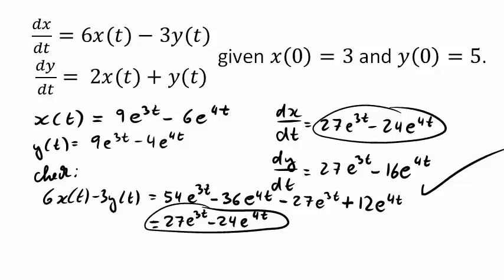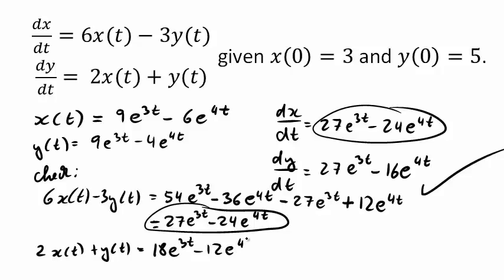Perfect. Let's check the other equation as well. It is unlikely that this has gone wrong, but let's check it in any case. So what I need is 2x of t plus y of t, the right-hand side of the second equation, and that needs to be the same as the dy dt we've calculated here. So 2 times x of t was this here, is 18 e to the 3t minus 12 e to the 4t.